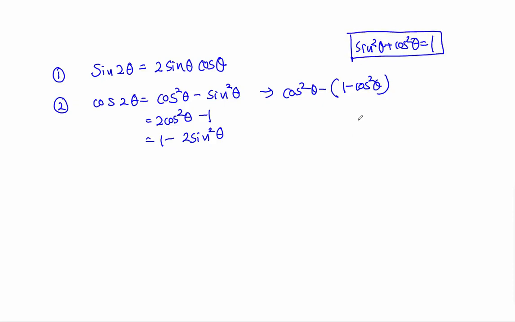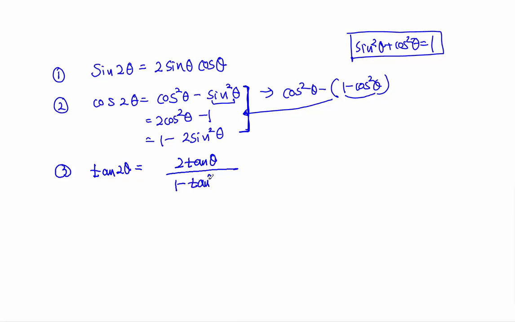So sine squared theta can always be expressed as 1 minus cosine squared theta. All of these are the same thing, the Pythagorean identity, just different expressions. Another one, tangent 2 theta can be expressed this way: 2 tangent theta over 1 minus tangent squared theta. You need to memorize all these 3.